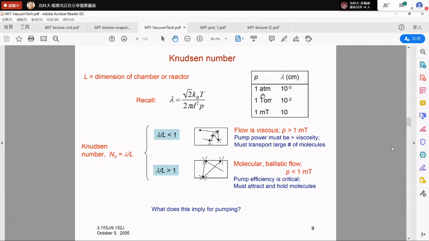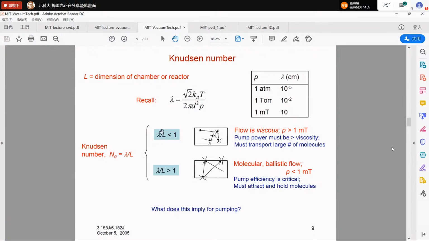We also want you to memorize this, right? 1 millitorr, 10 centimeter; 1 torr, 10 to the minus 5. We already said that. So the Knudsen number is lambda, the mean free path, divided by L, where L is the length of the chamber.